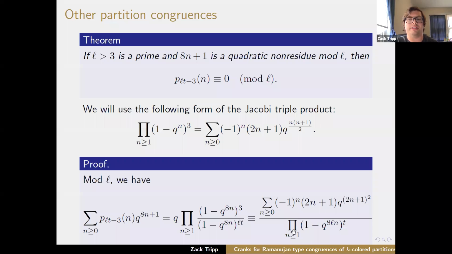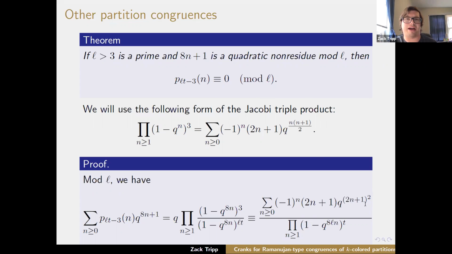And on the bottom, we're working mod L here, so we go ahead and use Freshman's dream to just raise both 1 and q to the 8n to the L. And what happens here in order to actually prove this theorem is that we look at what we have in the numerator now from Jacobi triple product.